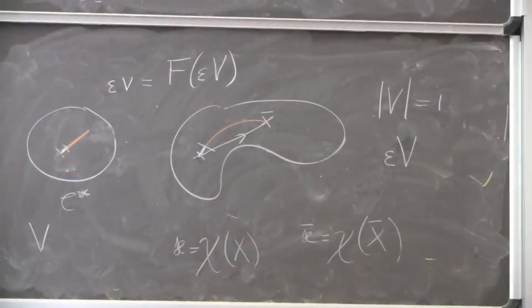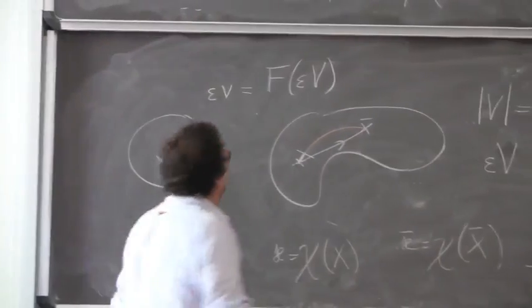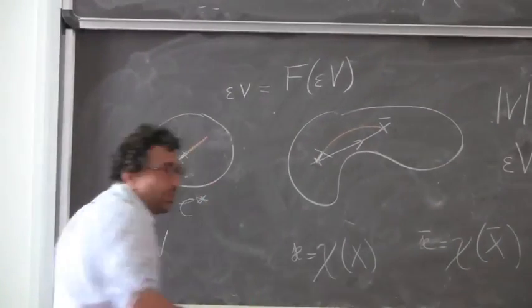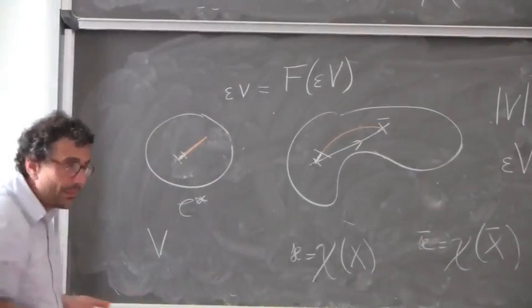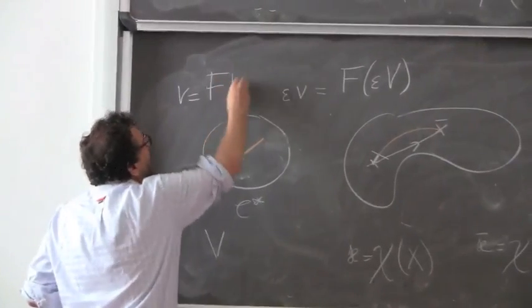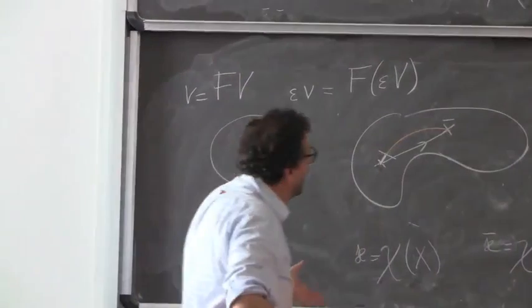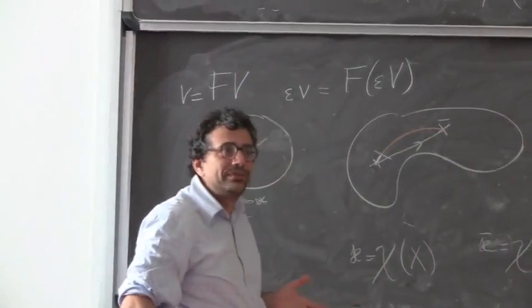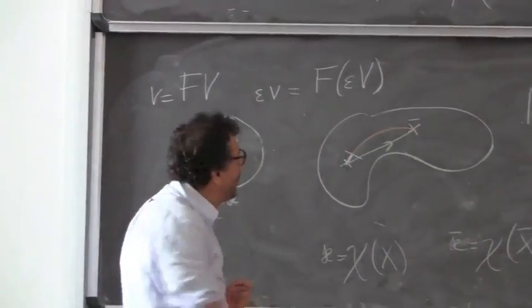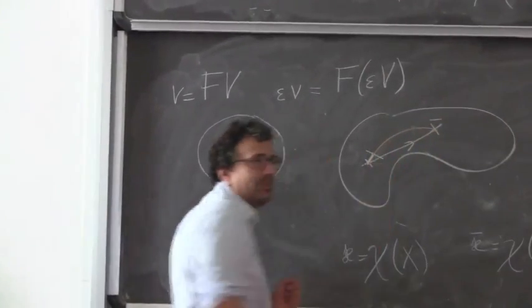As F is linear, epsilon goes out, simplifies, and people who are writing books are lazy, so you get v equal FV, and you are lost because you miss the fact that this vector is different from that vector.